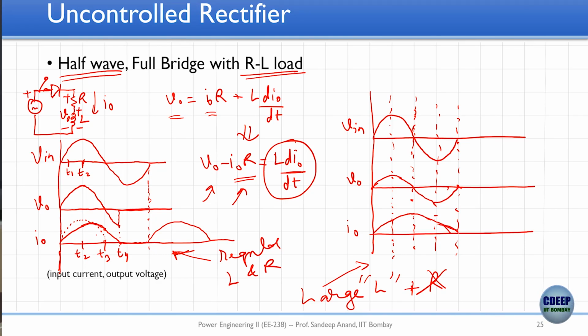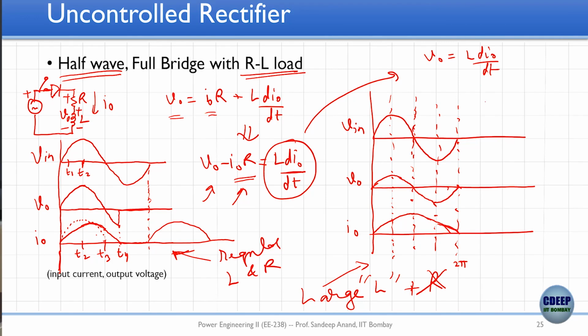the current will become 0 exactly at 2 pi, where the full cycle ends. Exactly at the end, the current will become equal to 0. Why is that so? You take this differential equation, R is 0, so you have V naught is equal to L di naught by dt, where if the diode is conducting, V naught is equal to V in.